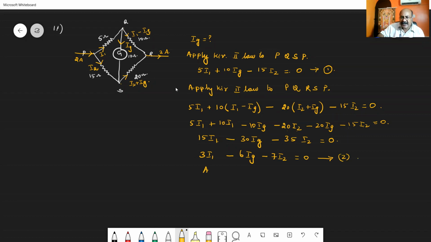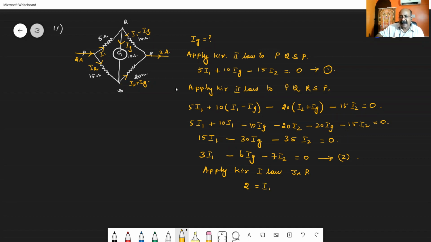Now apply Kirchhoff's first law to the junction P or to the junction R. Now I apply it at junction P. The current that is flowing in, 2 ampere, is equal to the current that is flowing away, I1 plus I2.